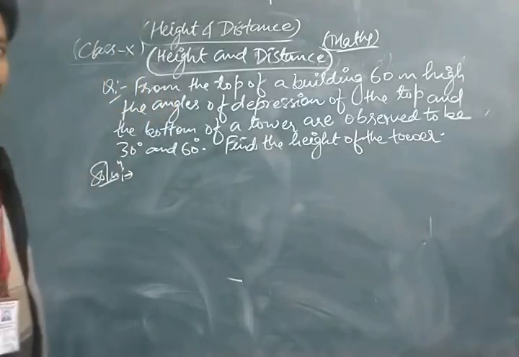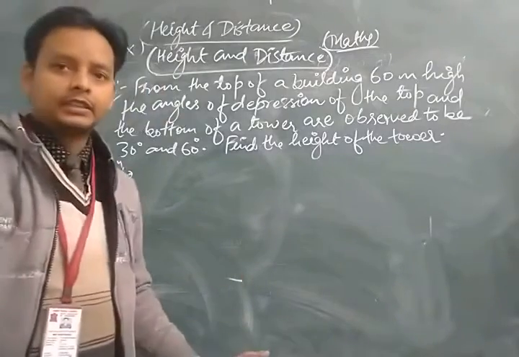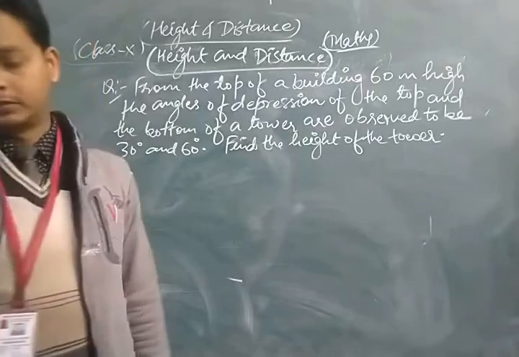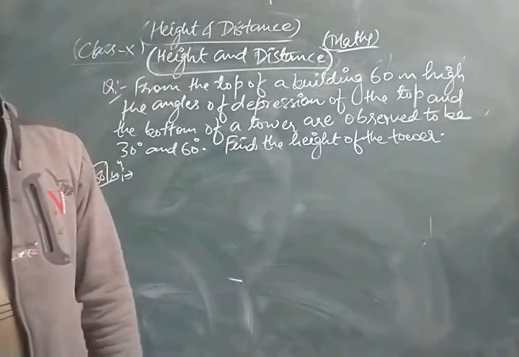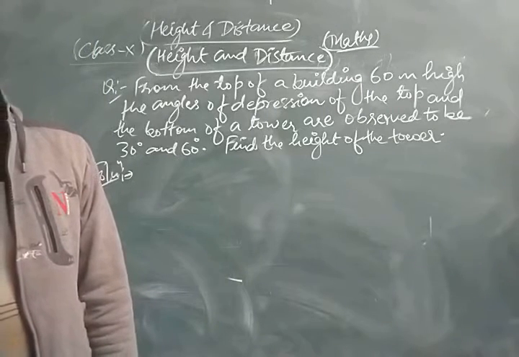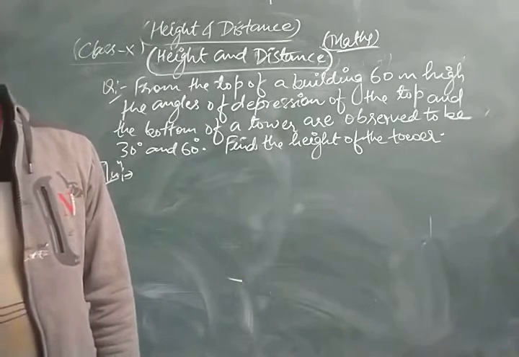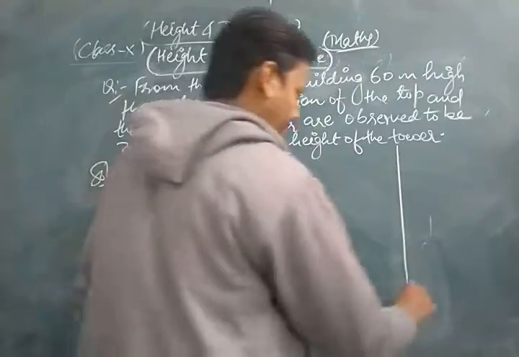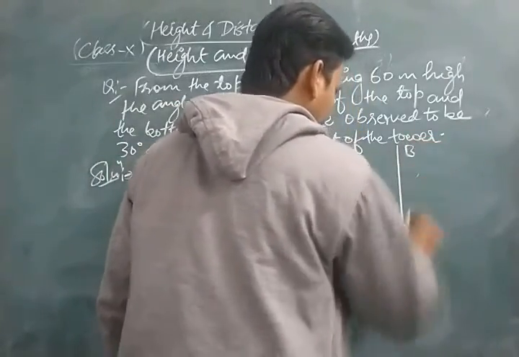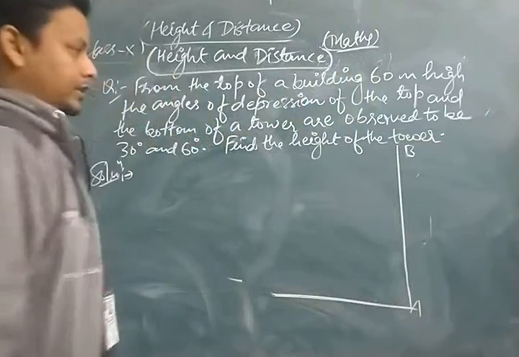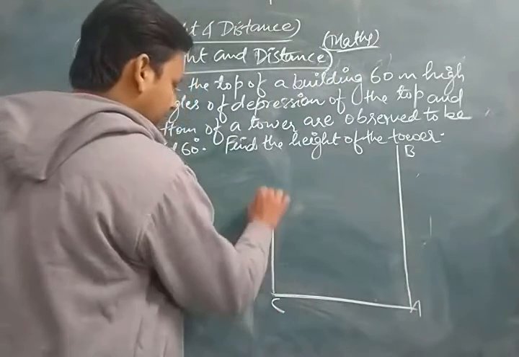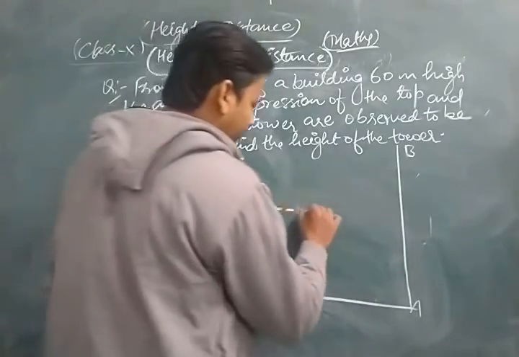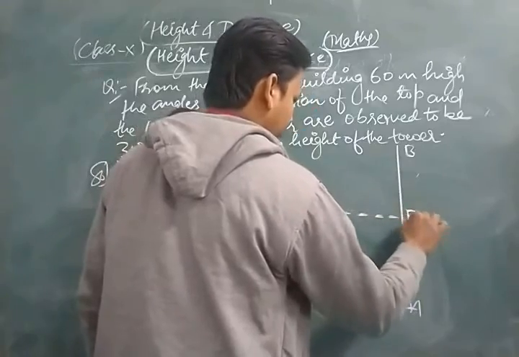Okay, now look here. From the top of a building which is 60 meters high, the angles of depression of the top and the bottom of a tower. First of all, let AB be the building placed on the horizontal surface, and CD be the height of the tower. This is the top of the tower and this is the bottom of the tower.